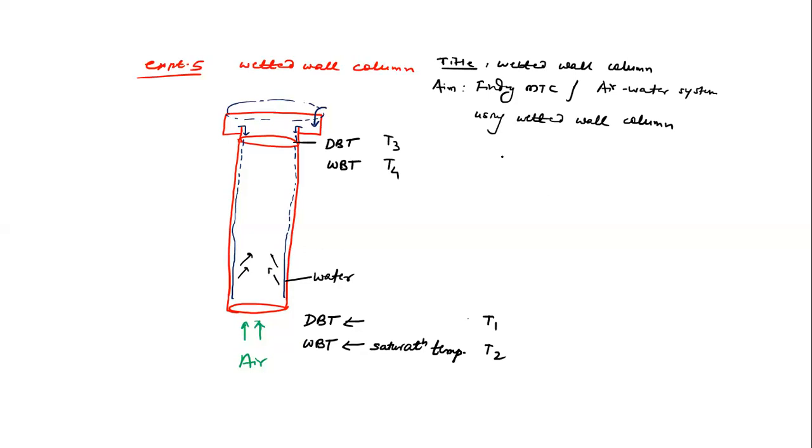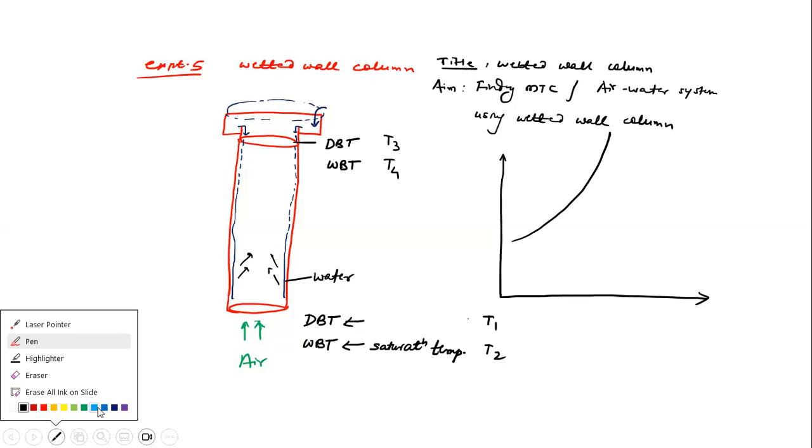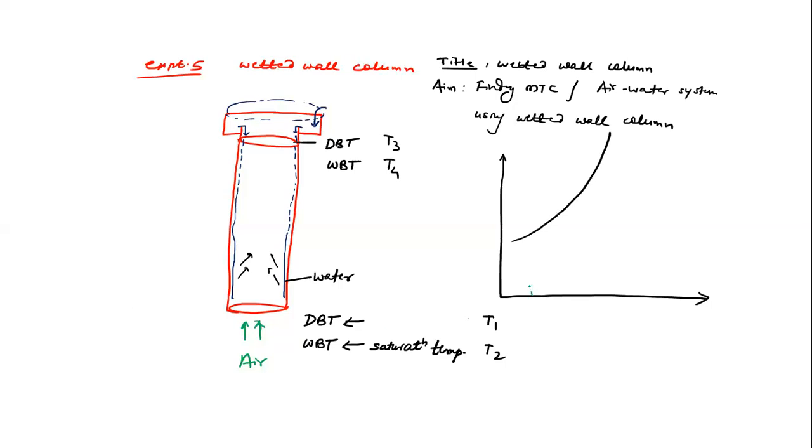How do you find out? You find out from psychrometric chart. This chart is like this. From psychrometric chart, you can see there are straight lines which are variable lines. This is variable temperature.